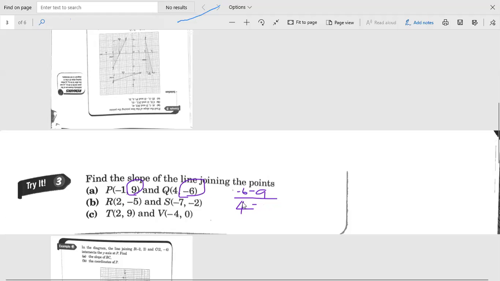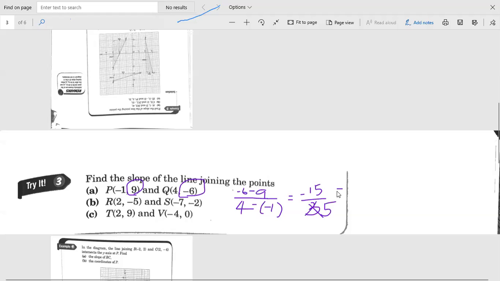So our formula is 4 minus x1, and you say x1 is -1, so it would be +1 at the bottom. So we have -15 on the top, and then 4 plus 1 would be 5 at the bottom. So it's -15 over 5. I'm sorry, -15. You're right.